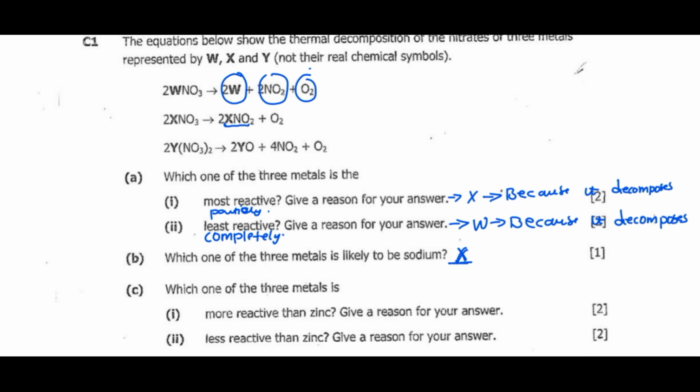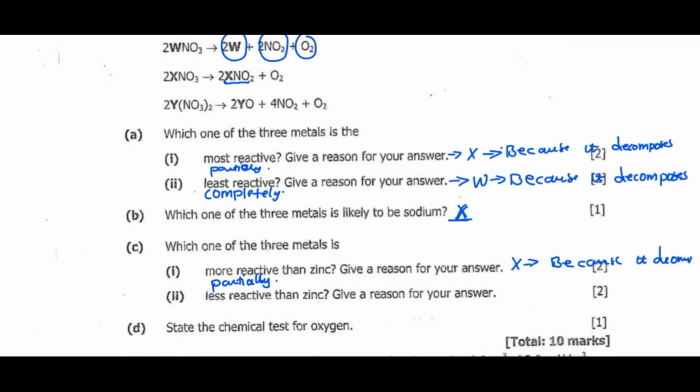Then which one of the three metals is more reactive than zinc? We know it's X, because the reason is still the same. Give a reason for your answer. Because of the decomposition. So X, because it decomposes partially. Remember, most metals decompose partially on heating.